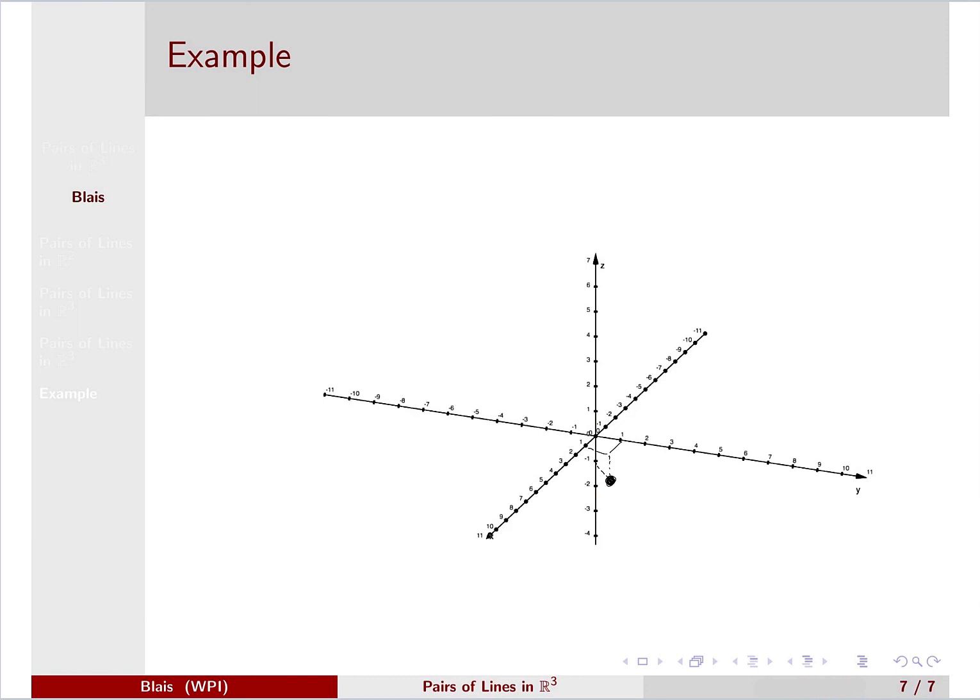So we can depict that point for L2. So we have minus 1, 0, 3. And so L2 passes through these 2 points. So we can now draw that.